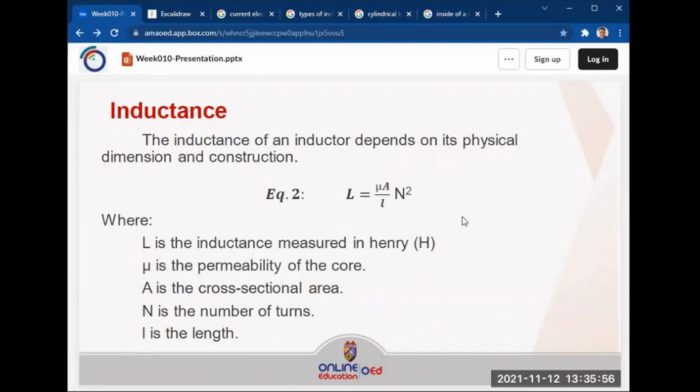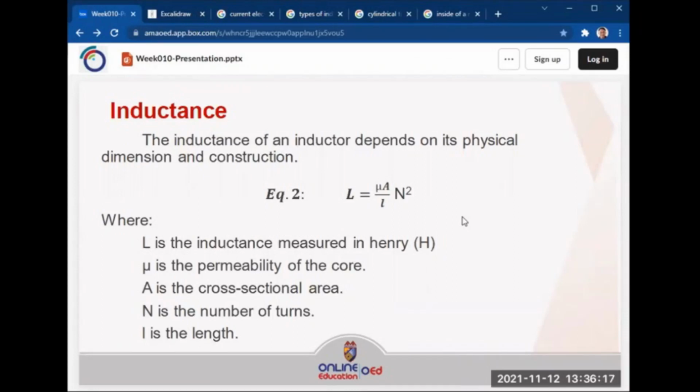Next, just like a capacitor, the inductance of an inductor is also determined by its physical composition. So in this case, we have L equals mu A over l times N squared.